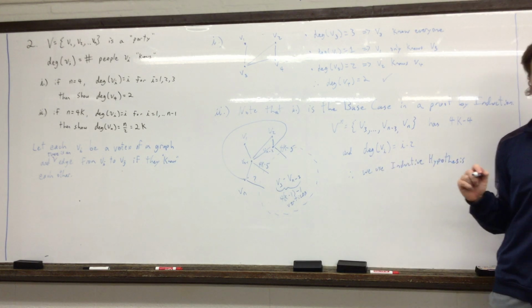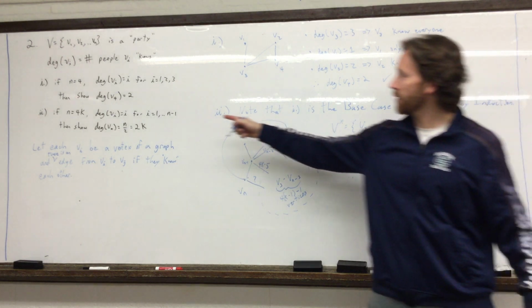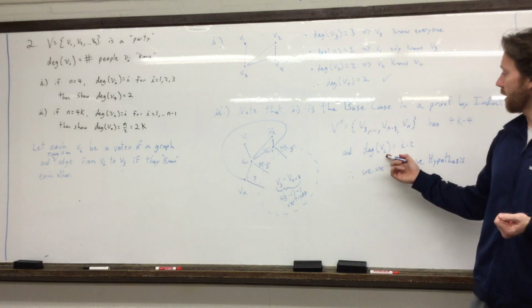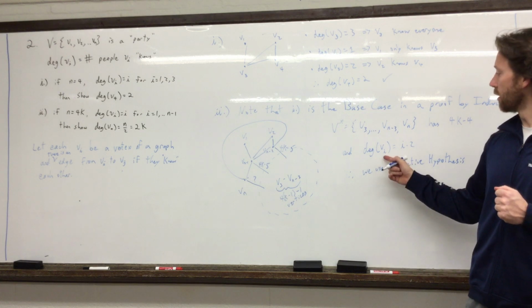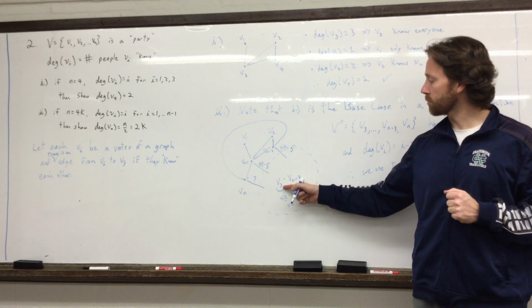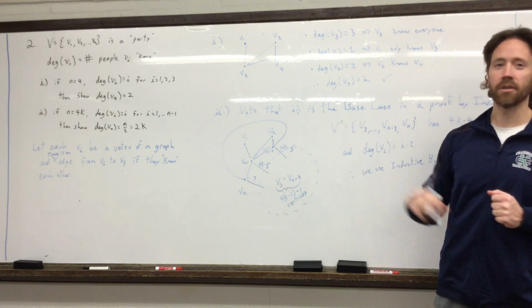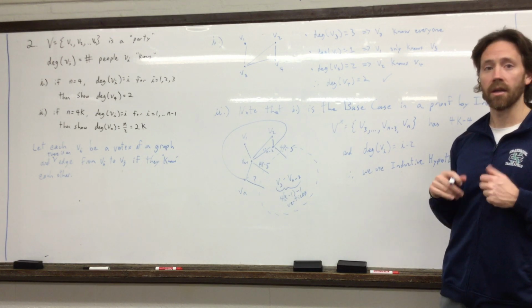So this doesn't quite match the inductive hypothesis, but the only difference is that we would have to relabel the degree of each of these guys. Subtract 2 from each degree, and it matches the inductive hypothesis exactly.